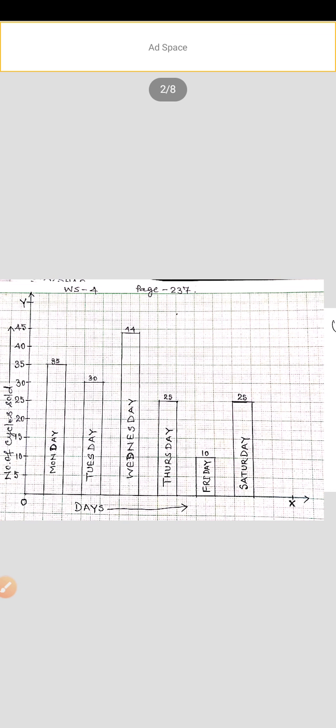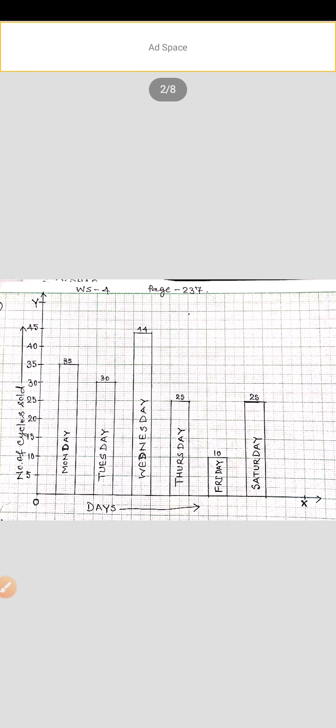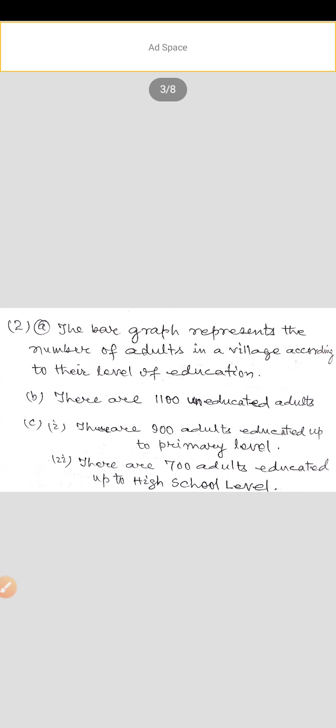So what does the bar graph represent? The bar graph represents the number of adults in a village according to their level of education.